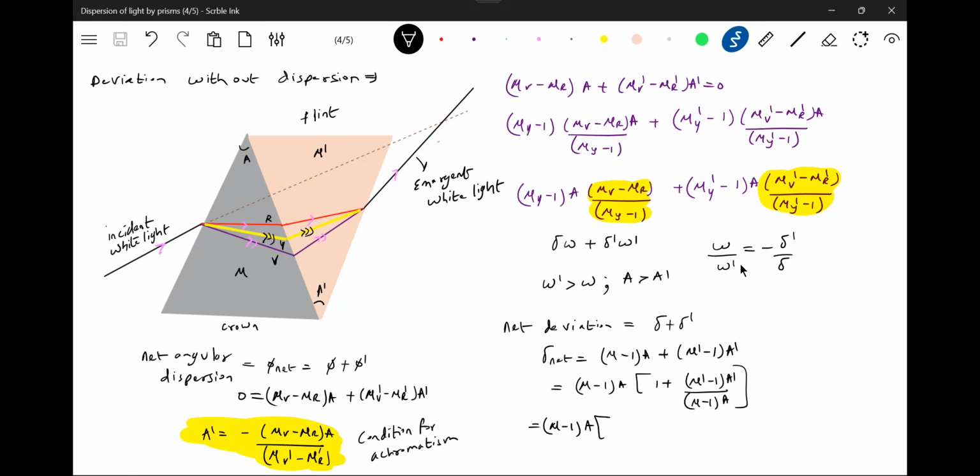Substituting this equation there, 1 plus mu dash minus 1 by mu minus 1 A dash by A, I can also write it as, there's the equation A dash by A, I'm replacing from here A dash by A, what we can write is mu v minus mu r by mu v dash minus mu r dash.